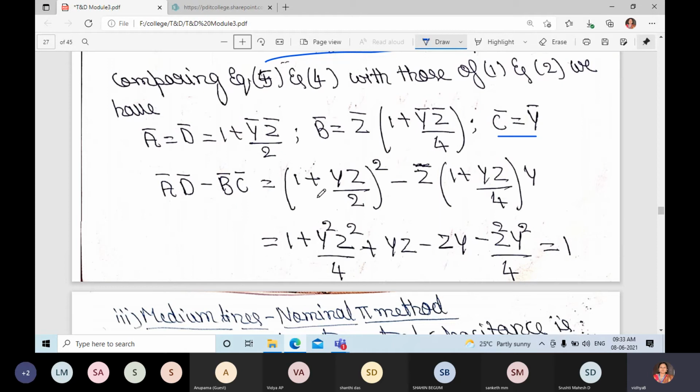So when you multiply A and D minus B into C, you will get 1. You can observe 1 plus Y square Z square divided by 4 plus YZ minus ZY minus Z square Y square divided by 4. Here these two get cancelled and these two get cancelled. What you are left with is 1.